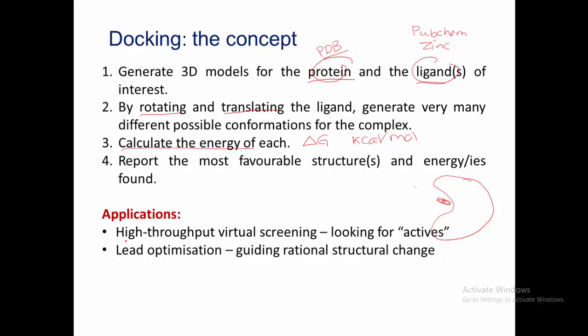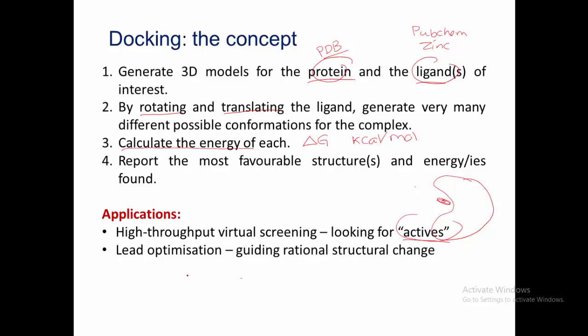Molecular docking is used for high throughput virtual screening, that is, for looking for actives. If you have a big number of compounds, you can run molecular docking of this big database against a specific enzyme or enzymes in order to get the active compounds by ranking the molecules according to their binding energies. Another application is lead optimization, guiding rational structure change.